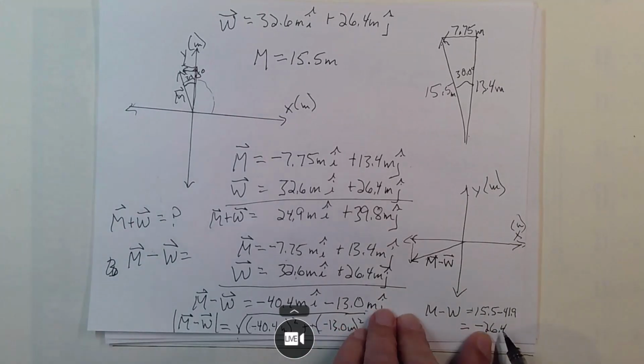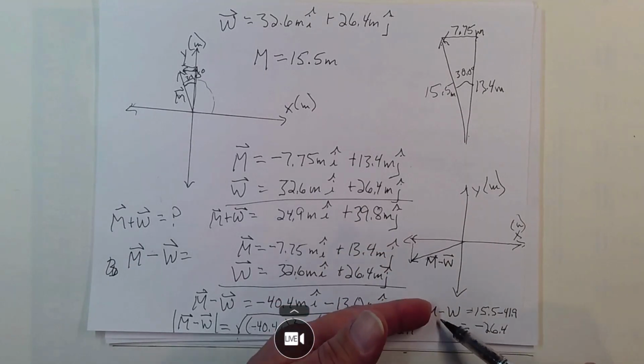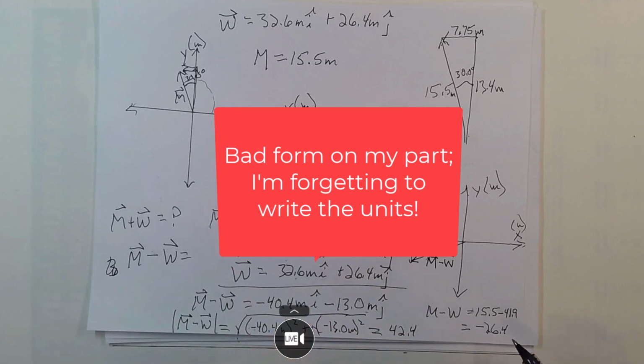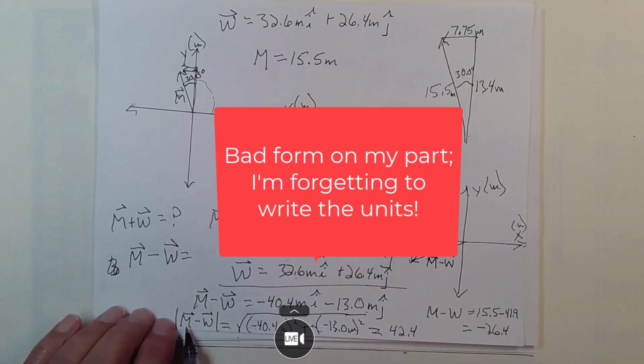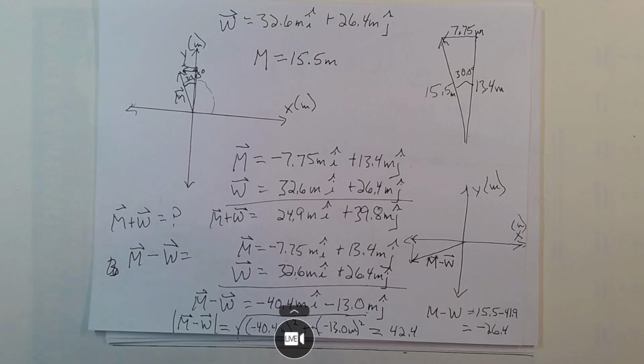Okay, that's a negative number, because taking the magnitude of m, which is smaller than the magnitude of w, I get a negative number. But the magnitude, this represents the length, just the plain old length of the vector m minus w. And that's what we get.